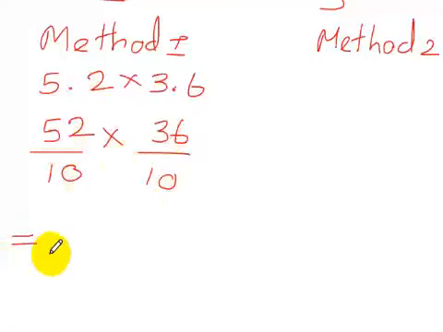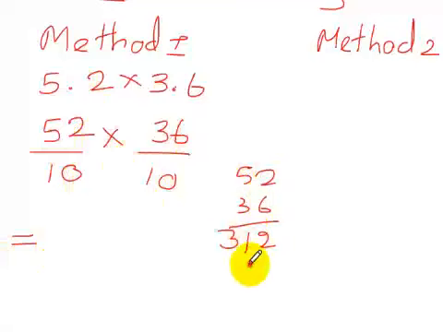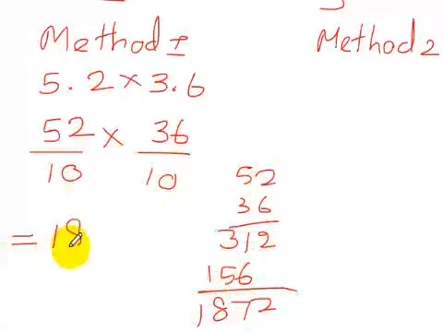Now you can multiply 52 by 36. 6 into 2, 12. 6 into 5, 30, plus 1, 31. 3 into 2, 6. 3 into 5, 15. So the answer is 1872.